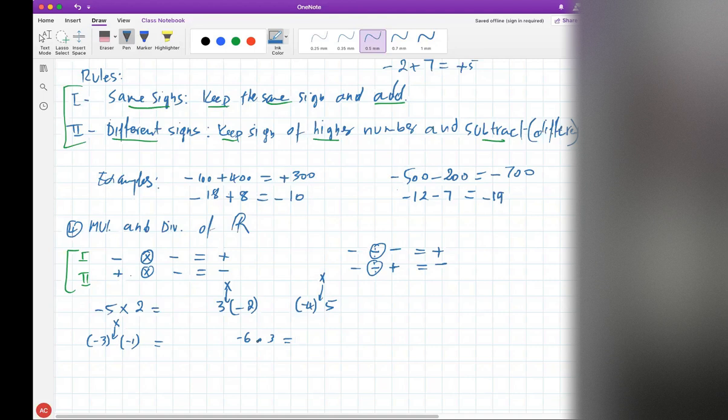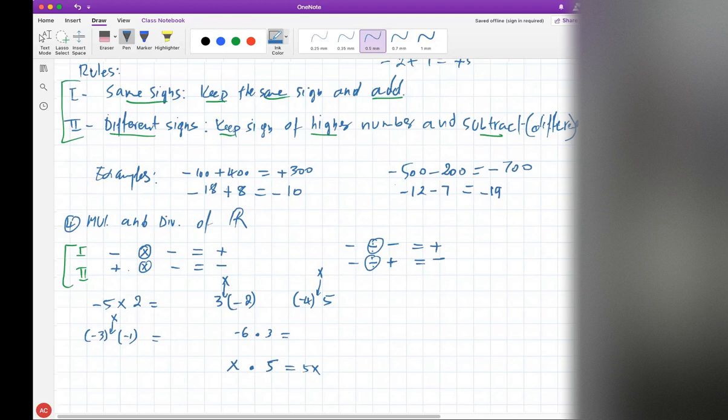We use this especially if you don't want to confuse x with a multiplication. So if you were to do, for example, x times 5, we don't write it with a times sign because that kind of looks like this. Instead, we use just this, x times 5, we say is 5x. So a period is also another way of writing a multiplication.